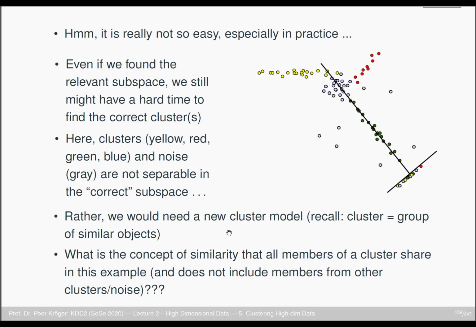Clustering is we want to find groups of similar objects, and a cluster model somehow defines what is similar, when are objects similar, and when do objects form a group of similar objects. So defining a different concept of grouping and similarity might help here, but still it's very hard to come up with a very good or suitable cluster model to find these three clusters here and the surrounding noise.